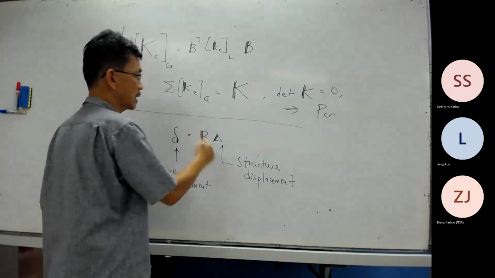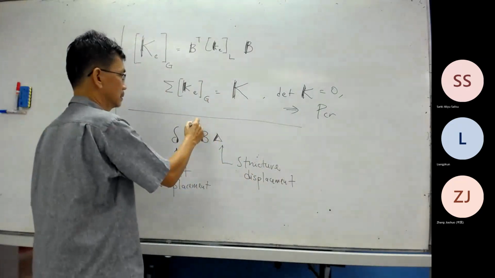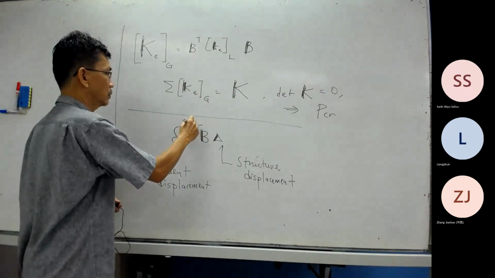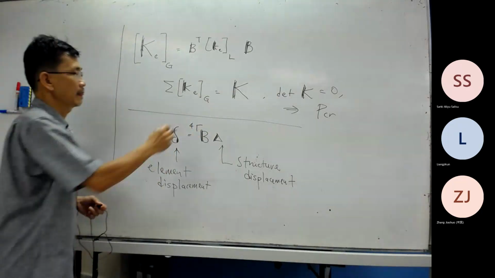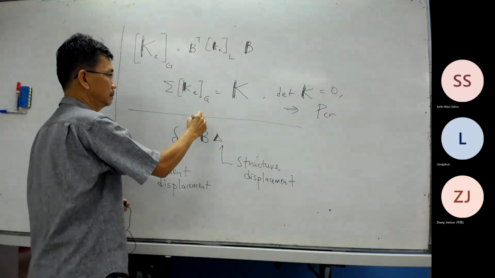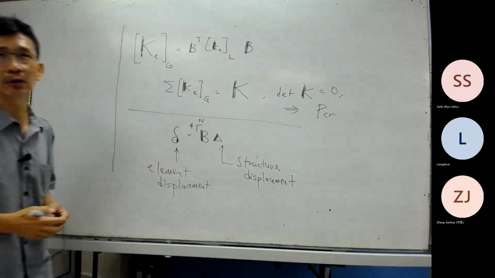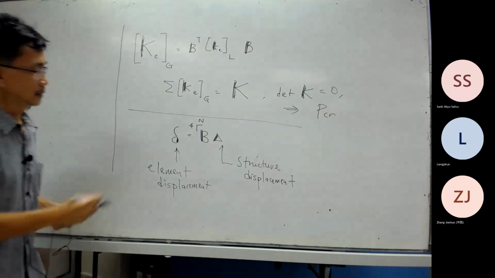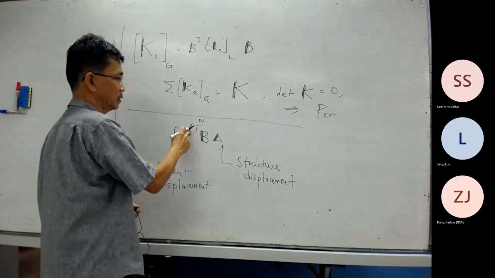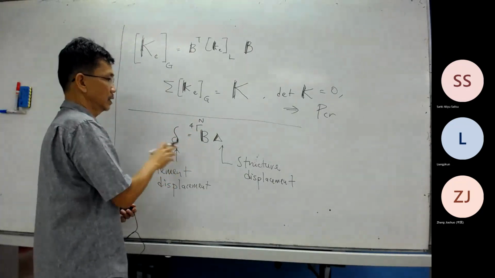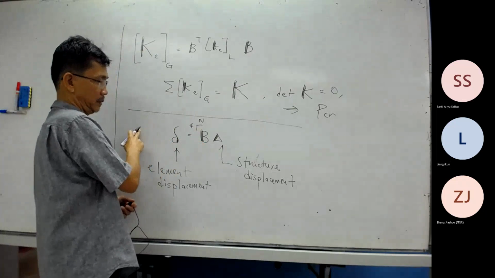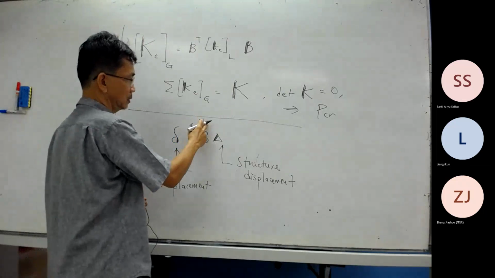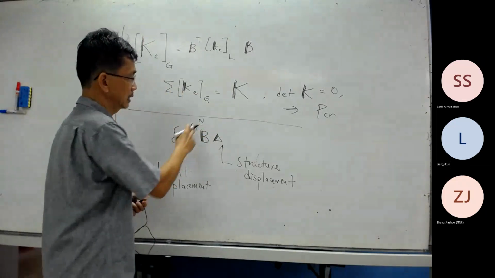Okay? So the size of B matrix is 4 rows, and the number of columns depends on how many structure displacements you have. So the size of this matrix is always 4 rows because an element has always 4 displacements, but the structure displacement, which is non-zero, depends on the problem given to you.